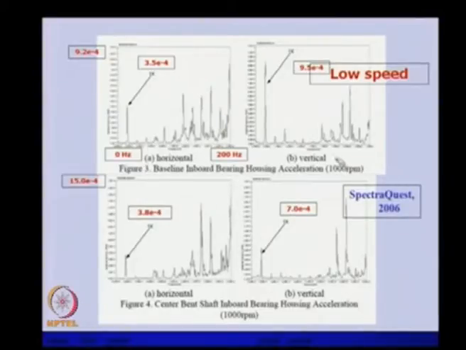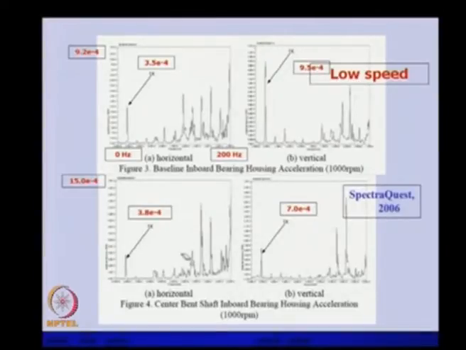It was rotated at one particular speed, 1000 rpm. This peak corresponds to 1x, the rotating speed of the shaft, and this also corresponds to the rotating speed of the shaft. The speed is 1000 rpm, which is relatively low.